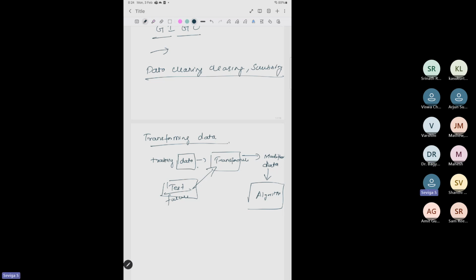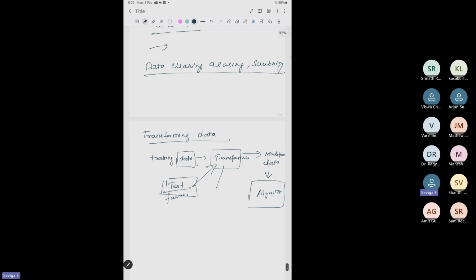Transformation is usually scaling the numbers, shifting their mean, eliminating some unnecessary data. This transformation can be anything. It can be scaling, removing unnecessary data, shifting their mean. It could be multiple things. We will learn some of them in this class.